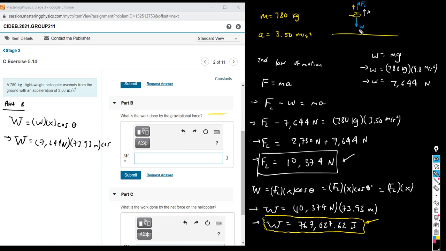The weight goes downwards, the displacement goes upwards, and so between these two vectors, guys, there is an angle of 180 degrees. There you have it. And that's how you calculate the work for the part B. This number times the cosine of 180, you're gonna get a negative result in here. Make sure of that. You have to get a negative result. Okay, that's how you solve part B.